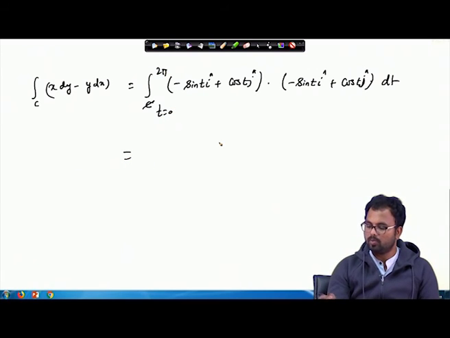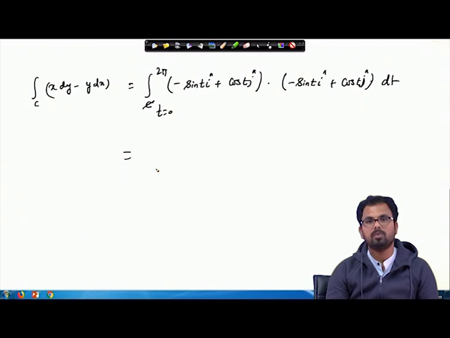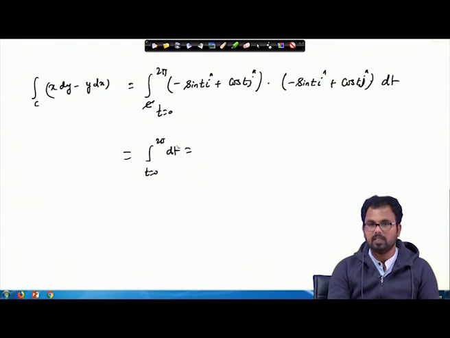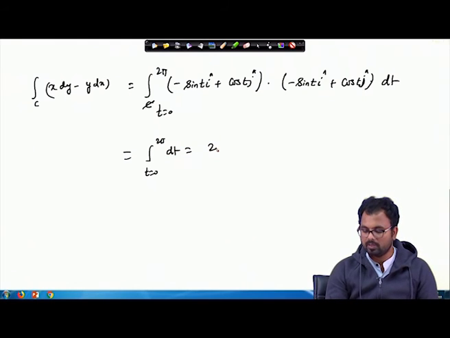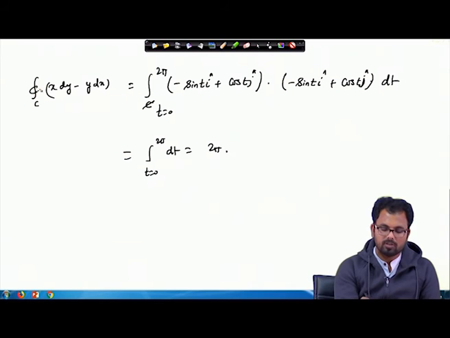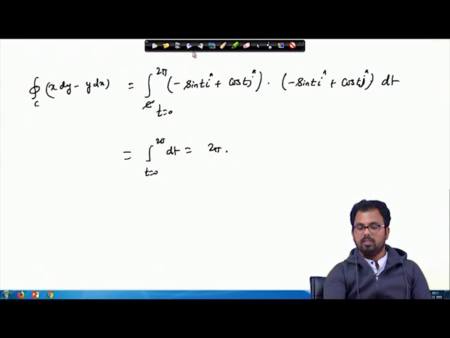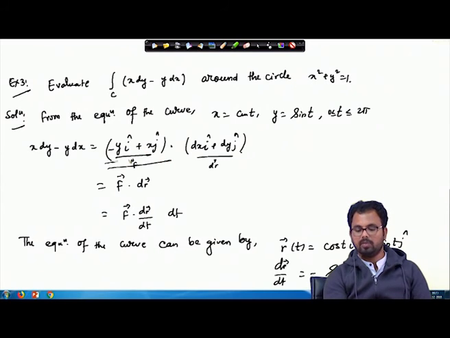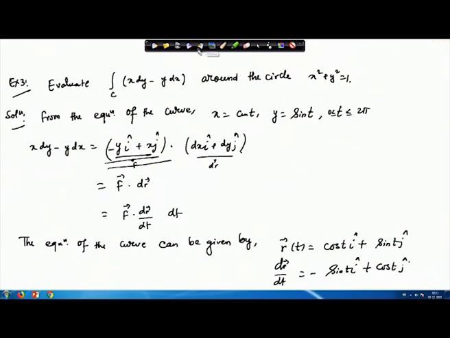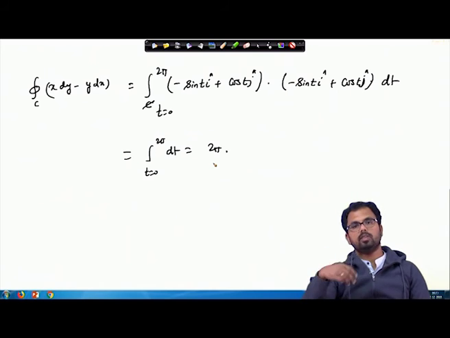We take the dot product, and that results in sin square t plus cos square t. So, ultimately the whole thing will be 1, and therefore we have the integral of dt, and when we substitute the limits, this is basically 2 pi. So, the circulation of the vector function f is equal to 2 pi along that circle C.